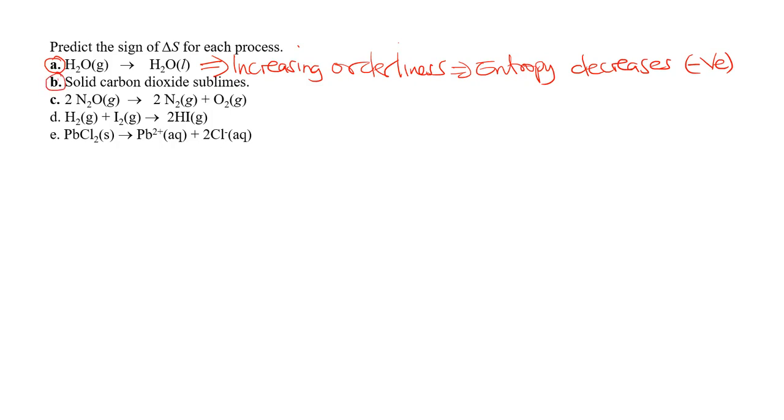So for B, solid carbon dioxide sublimes. Sublimation is formation of gas from solid phase. So in this case, we are increasing disorderliness. So here we are getting more disordered, which implies that entropy increases.